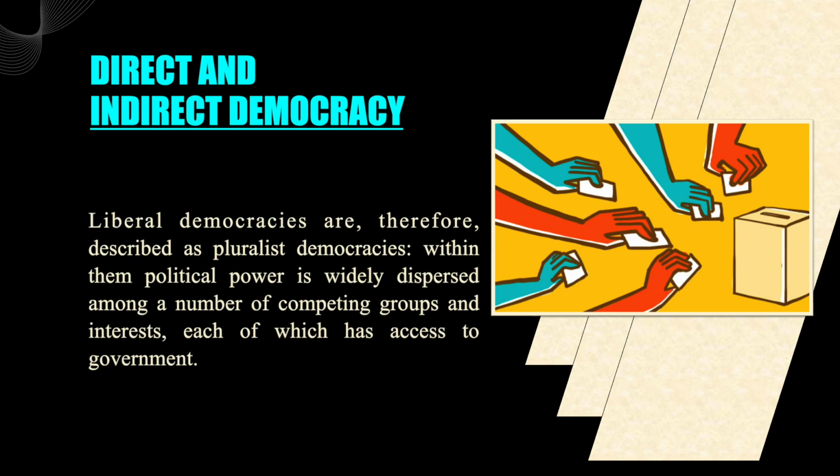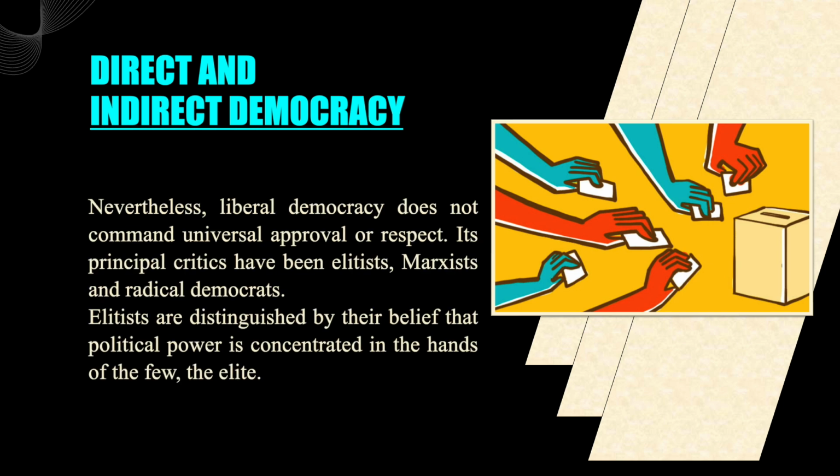Liberal democracies are therefore described as pluralist democracies. Within them, political power is widely dispersed among a number of competing groups and interests, each of which has access to the government. Nevertheless, liberal democracy does not command universal approval or respect.